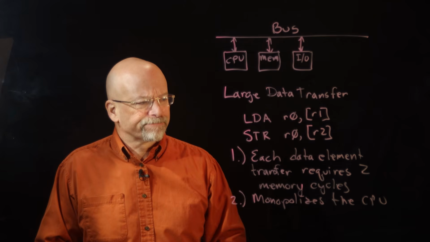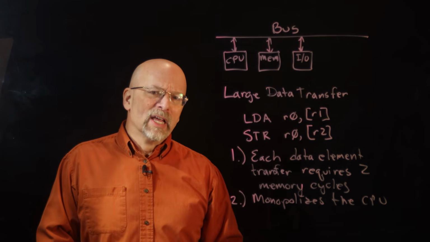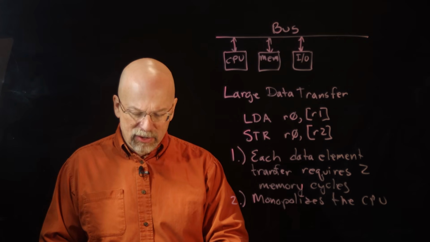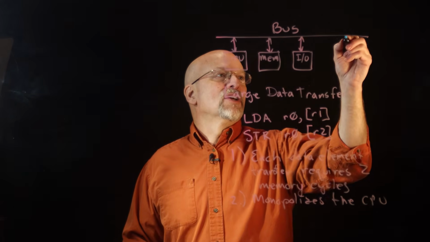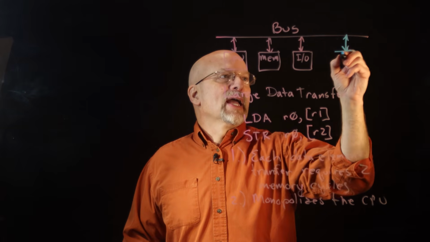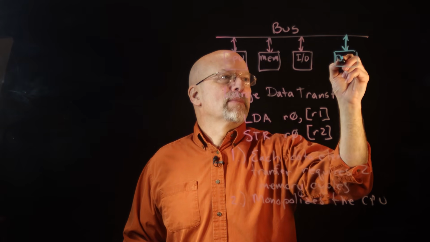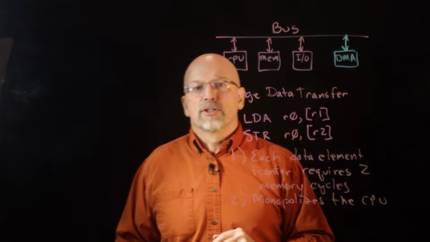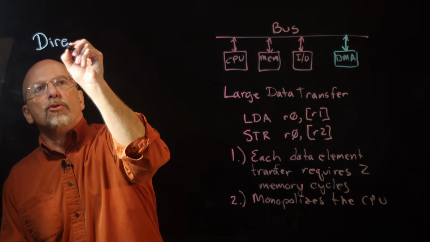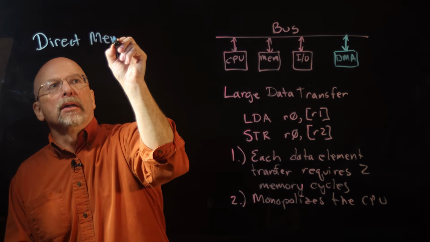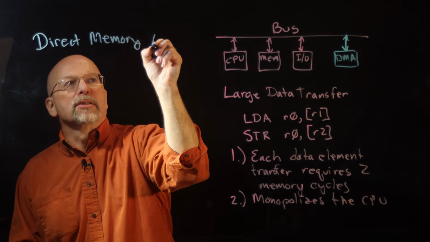We're just moving data. Wouldn't it be cool if we could get something else to handle that transfer for us? Well, it turns out that we do. We can create a fairly simple processor referred to as a DMA controller. And DMA stands for Direct Memory Access.